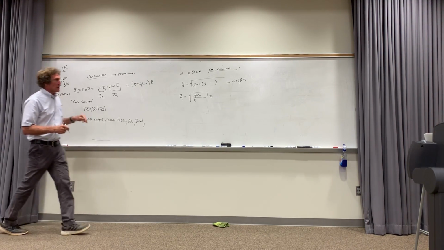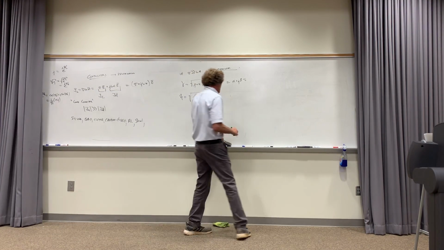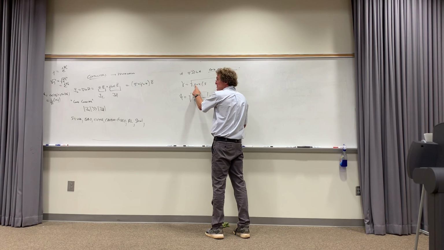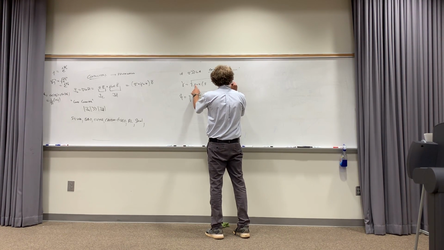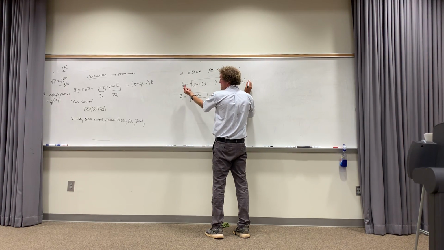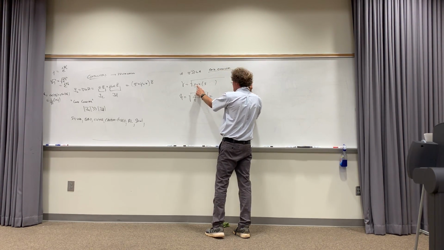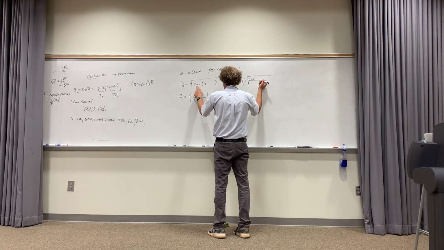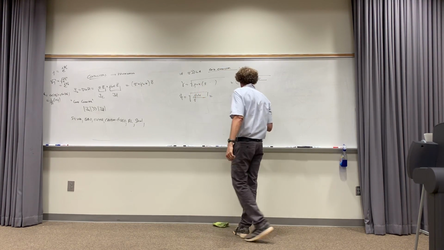All right, so I come over here and now I can say really, because that square root of j is just 1 plus j divided by the square root of 2, this is going to be 1 plus j, and then I can take the square root of 2 inside here. So I can say it's square root of omega times mu times sigma, divided by the square root of 2, where omega is 2 pi f.